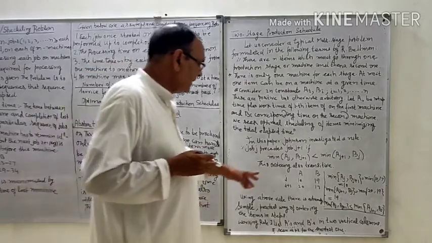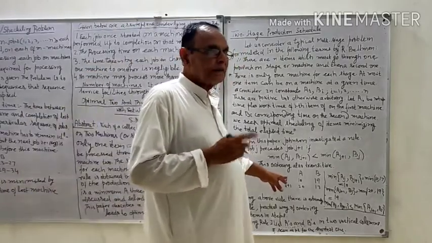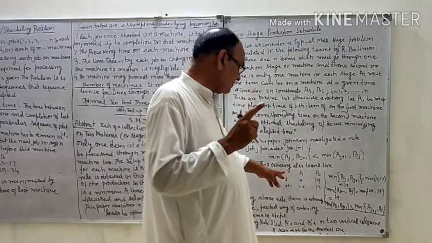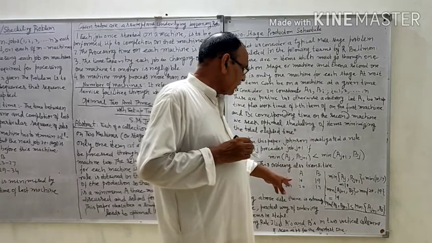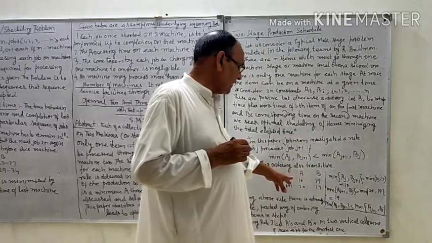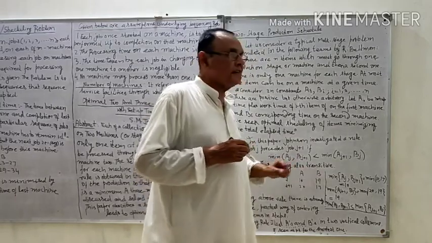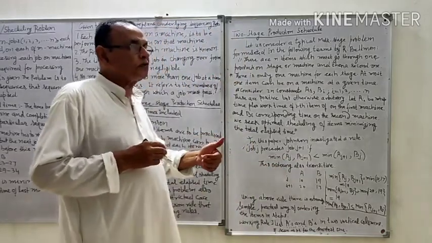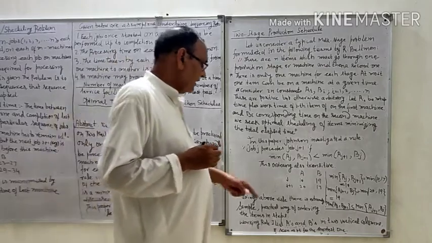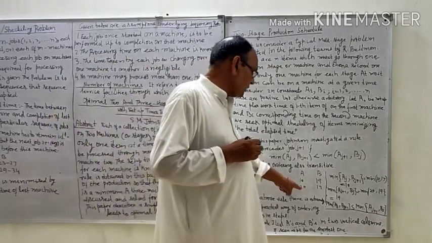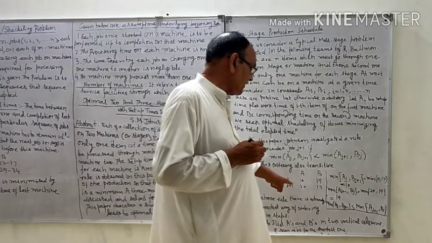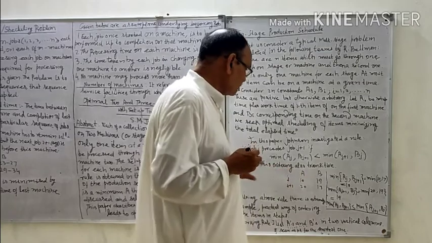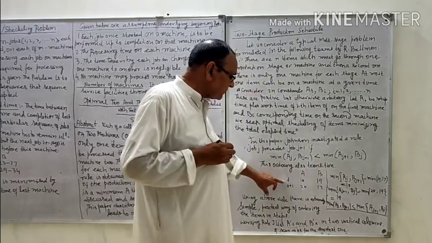Suppose J is a job in the sequencing problem, and we designate it by J. It has processing time on machine A 10 and on machine B 19. In this combination of two jobs, the next job has 20 processing time on machine A and 17 processing time on machine B. You should not think that if this is 7, this is 8.